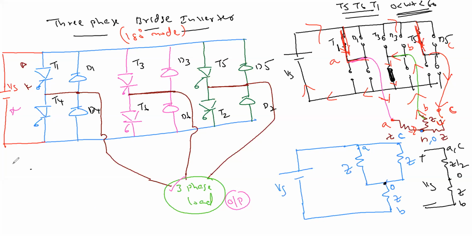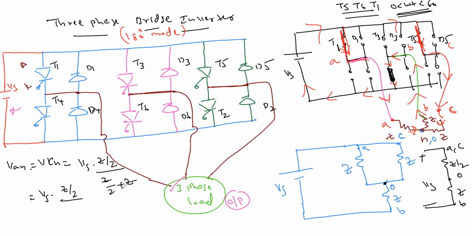So VAO or VAN, VAN which is equal to VCN, both VAN and VCN are equal to, what is the voltage here now? Vs into voltage division. Vs into इसका impedance upon the sum of these two impedances. Z by 2 upon Z by 2 plus Z.